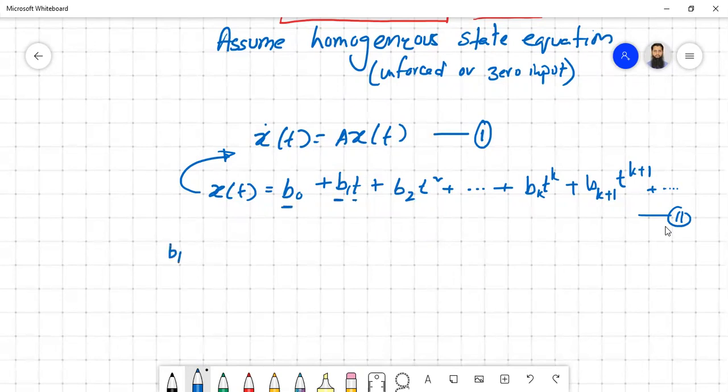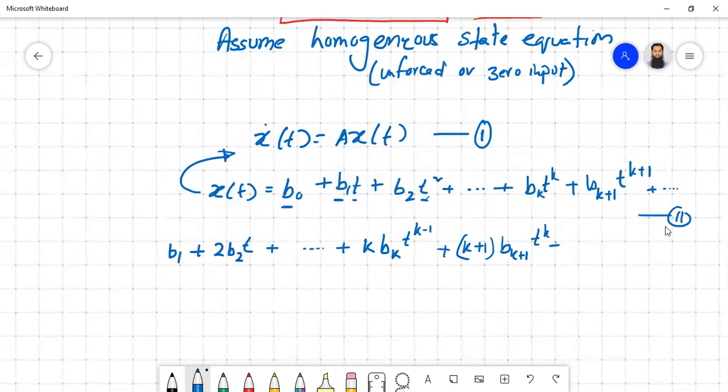So B1 plus, because of the squared term, 2 comes forward, so 2B2 t, plus goes on up to k bk t to the power k minus 1, reduced because of the differentiation, and then plus (k+1) b(k+1) t to the power k, and goes on.